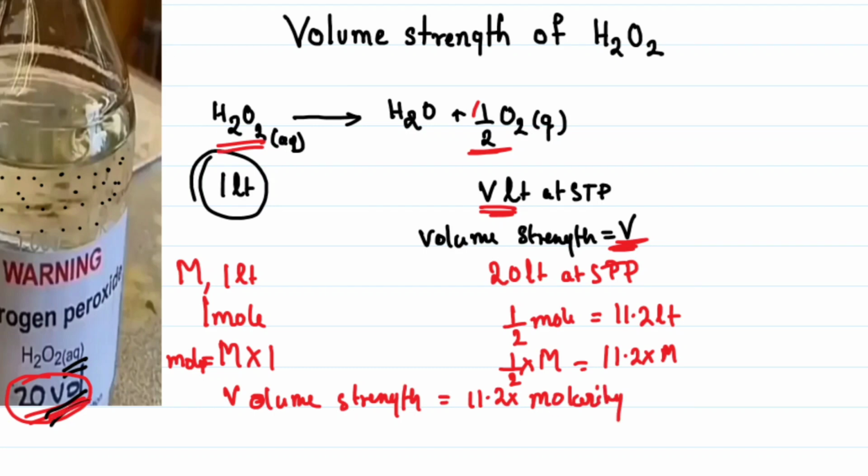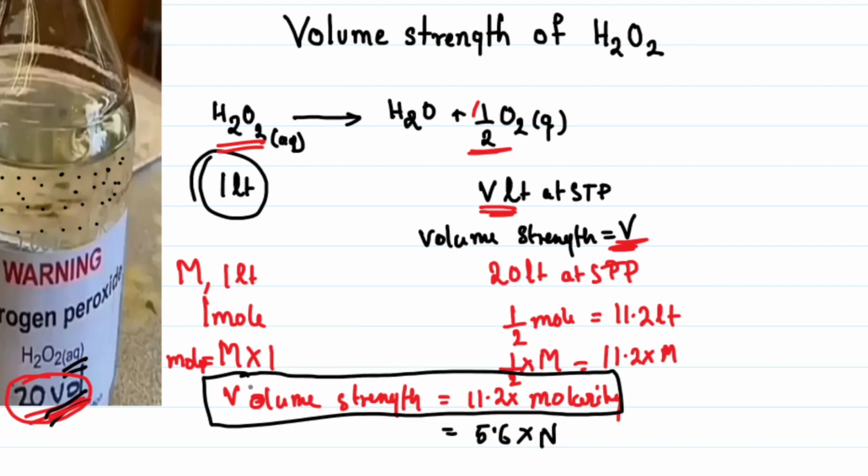If normality is given, then volume strength is equal to 5.6 into normality. So if we can calculate the molarity from the volume strength, then from molarity we can calculate other concentration terms also. Let's quickly summarize it.